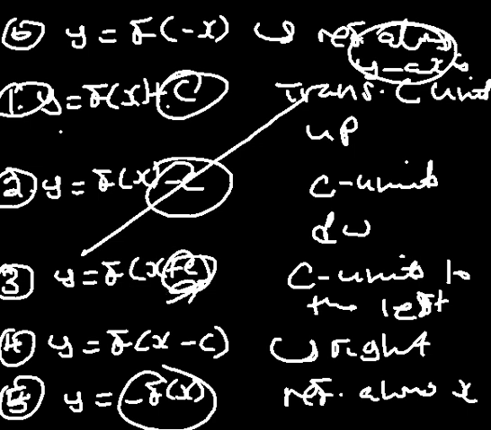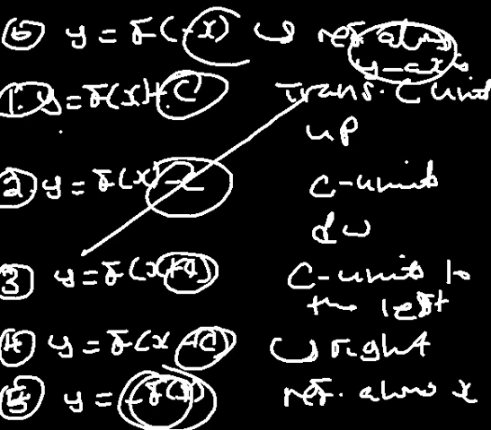Instead of to the right, we have it to the left, and here to the right, with reflection along x and this one along y. So take note of that.